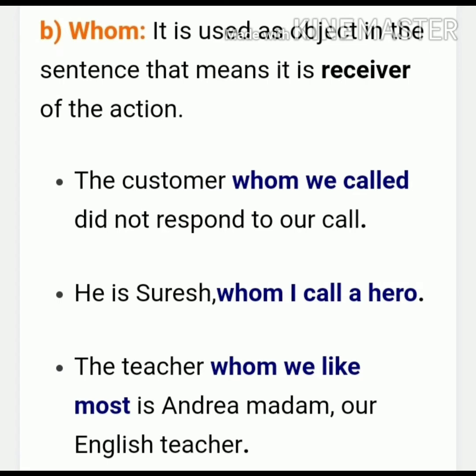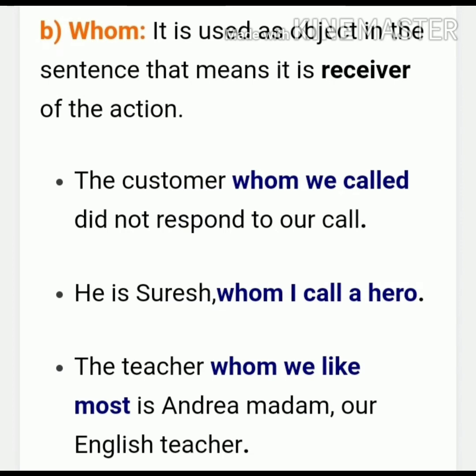Children, in order to find out whether the noun is the subject or object, you need to read the sentence very carefully. I am talking about that particular part where the relative pronoun is used. If the person or the noun is the doer of the action, then he is the subject. If he is the receiver of the action, or the action is performed upon him, then that noun is the object.